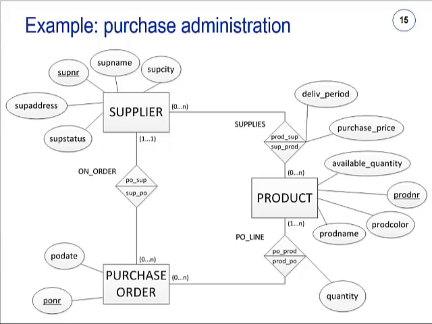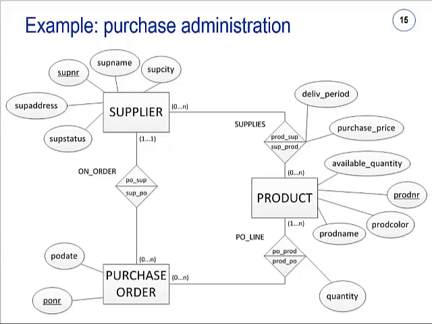Very important is that we focus here on the types, on the entity types. We will not focus on the individual entities. So we focus on supplier as an entity type. An entity would be a particular supplier. John Smith is an entity, he's a supplier entity.